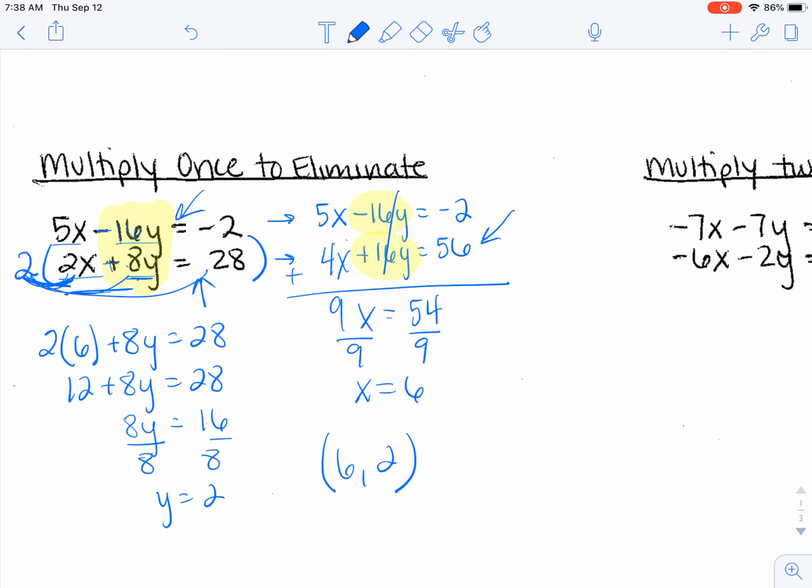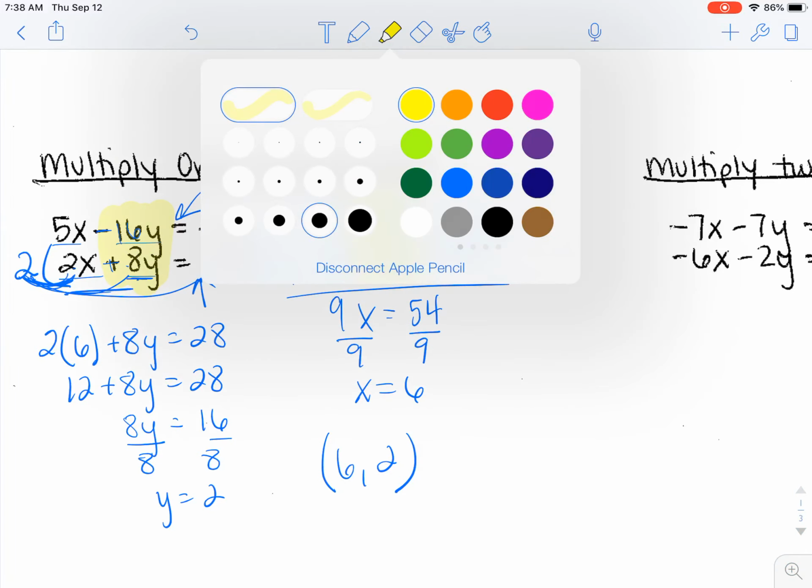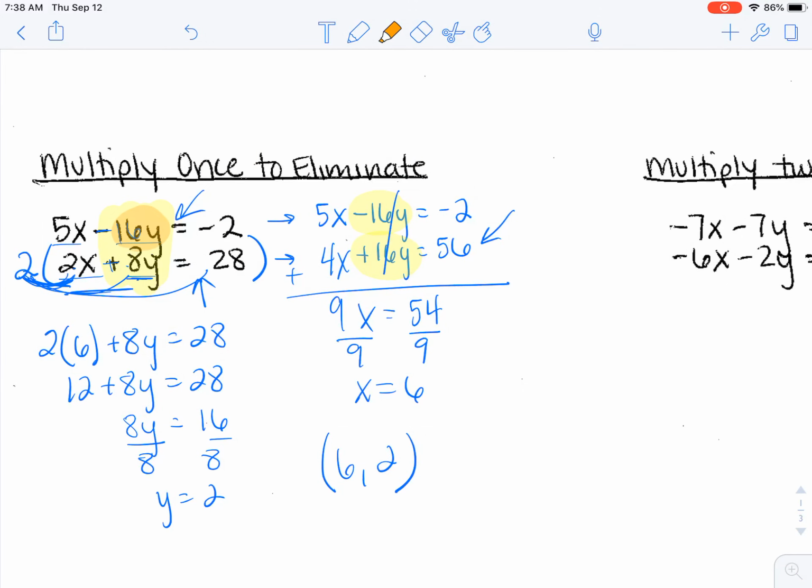Okay, so again, what I did is I noticed that my y values in the very beginning, right here, I could easily eliminate my y by just multiplying this 8 by 2 to get the 16. Okay, so then I did that and I rewrote my equations. I did the math correctly this time and I got 4x, not 10x. So 4x plus 16y equals 56.